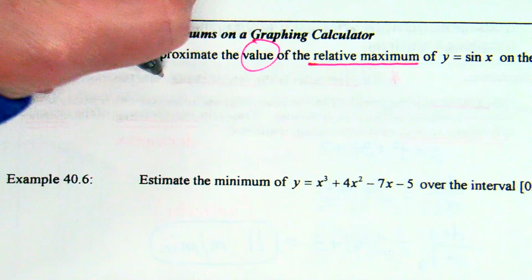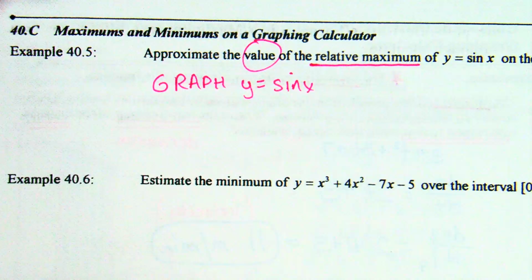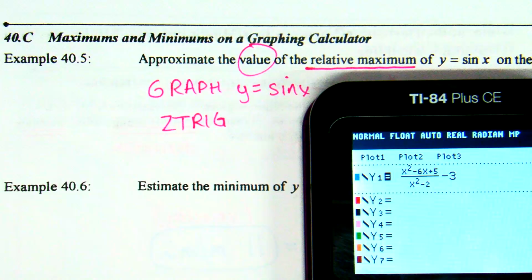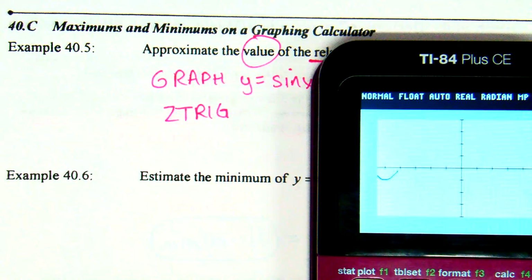Graph. We're going to graph y equals sine x. For trig functions, I like to use the zoom that is z trig. So if I do y equals sine x and I go to number 7, which is z trig, make sure you're in radians, by the way.